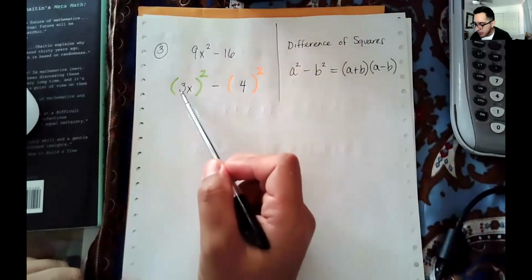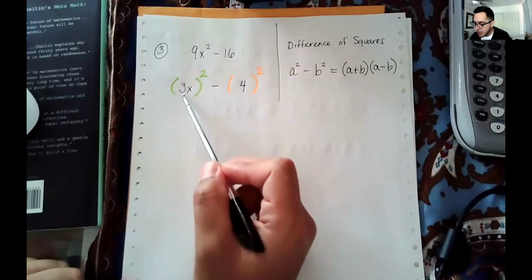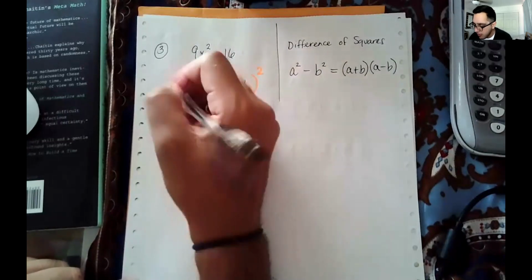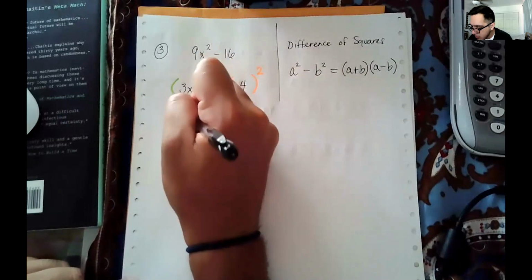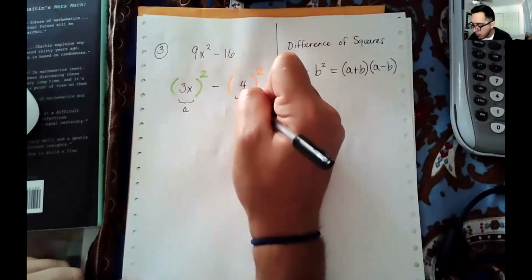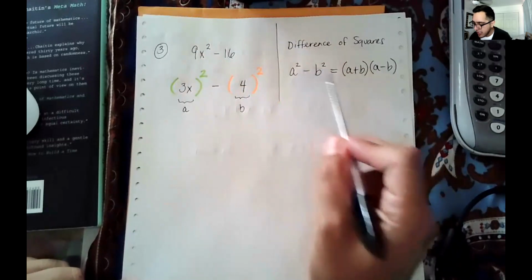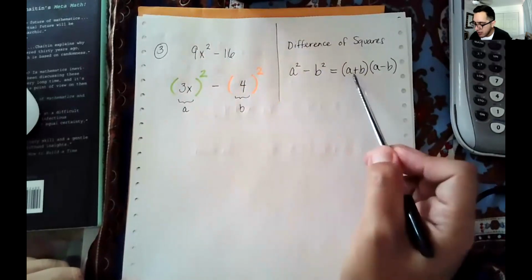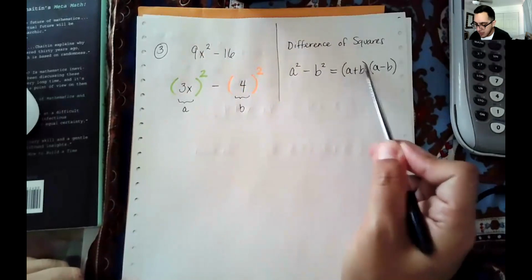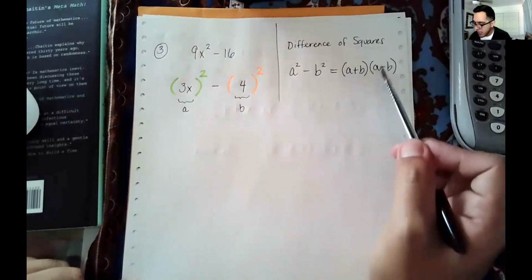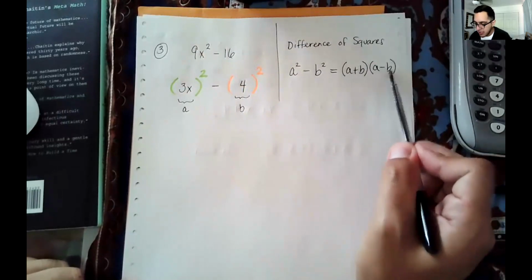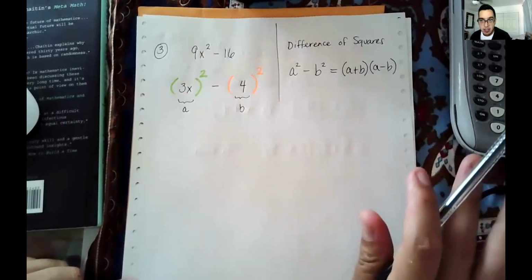So since I have now rewritten the problem in this form, basically the 3x is going to play the role of A, and the 4 is going to play the role of B. So now I can just go ahead and apply this formula and write whatever my A is plus B, that's going to be the first factor. And then whatever A is minus B, that's going to be the second factor, and I'll be done.